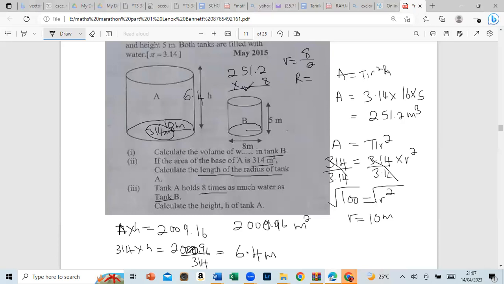So it's not 2009, it's 2000 and then 0.96. No, sir, it is 2009.6. I think that's what I mean. No, sir, I typed the figure in the chat. Okay, let me check. 2009.6. Oh Lord. Yeah. All right, sorry, guys.